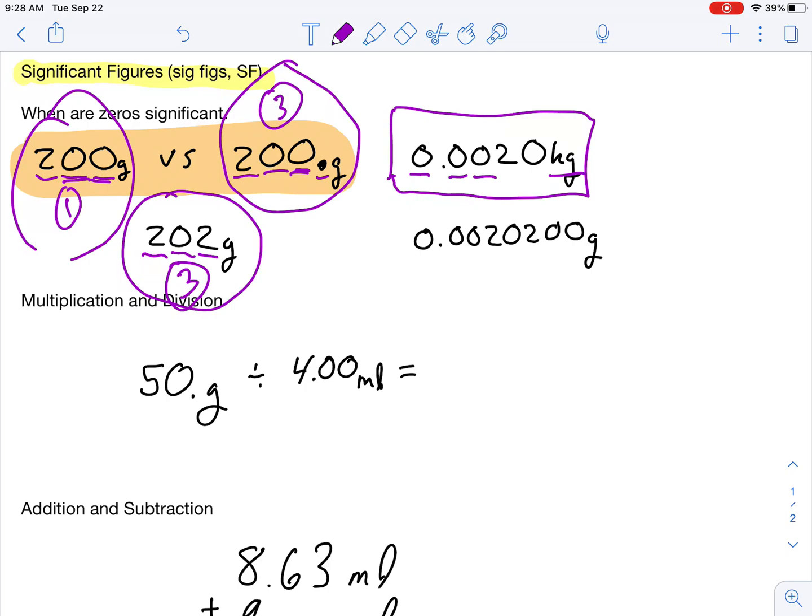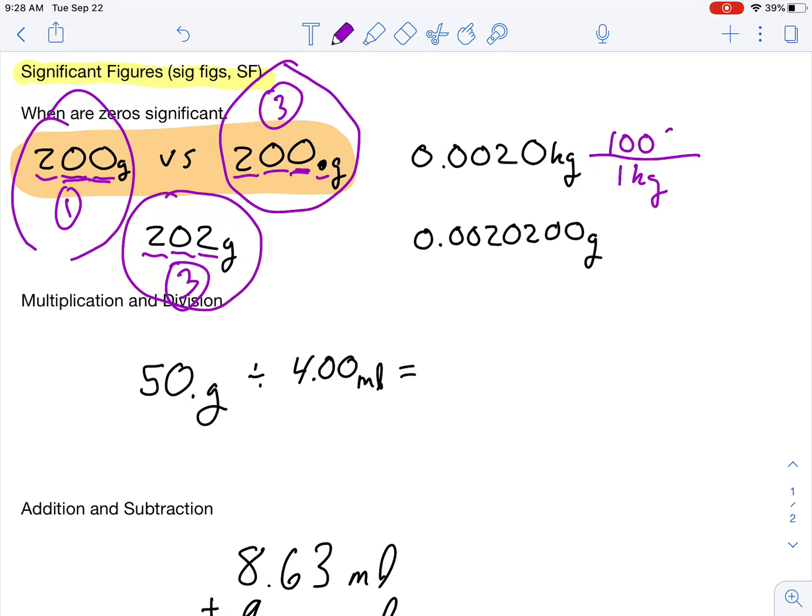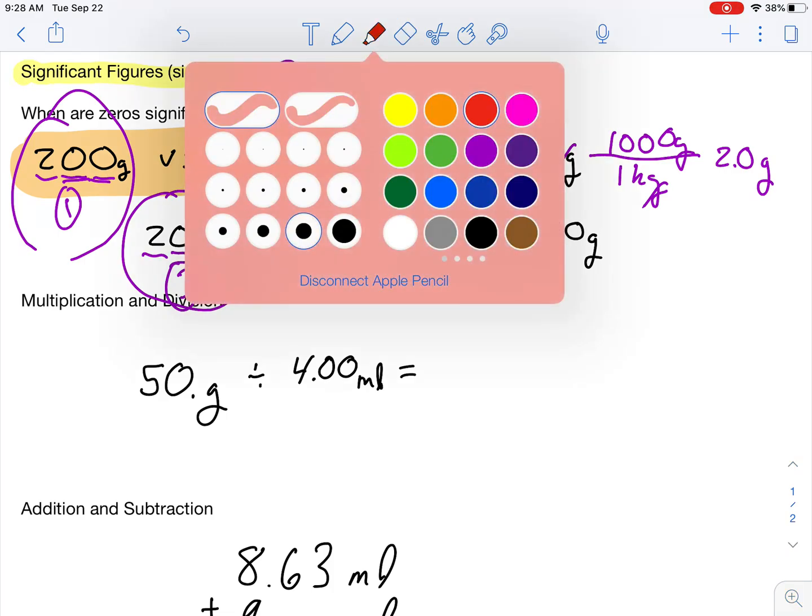Those zeros are due to the unit that you're using. In this case, I'm using kilograms. If I were to convert this from kilograms to grams, and we know that 1 kilogram is 1,000 grams, my units for kilograms disappear, and this turns into 2.0 grams. These zeros have magically disappeared because they were placeholders due to the unit that you were using. So, zeros before a non-zero after a decimal place do not count.